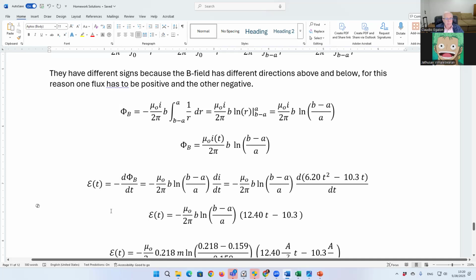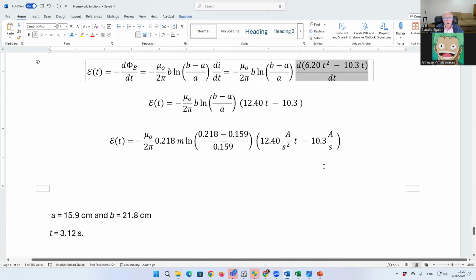So everything else is a constant. The only term that's a function of time is the current. Then I take the derivative, and I get that.